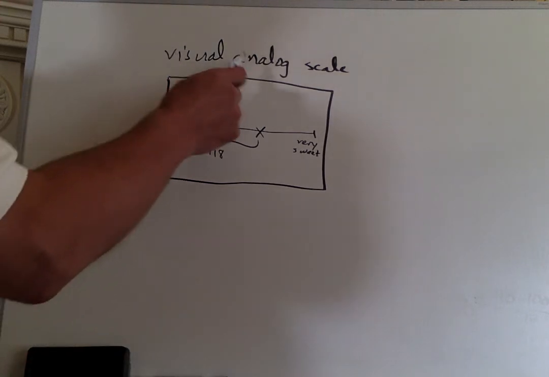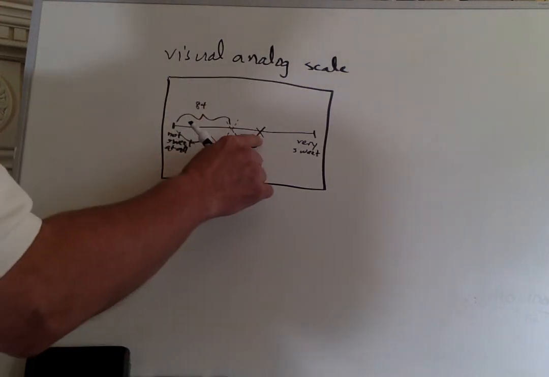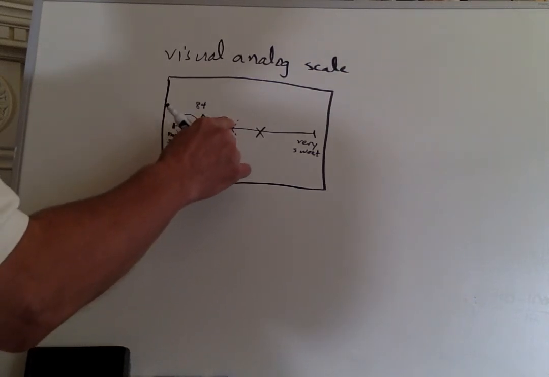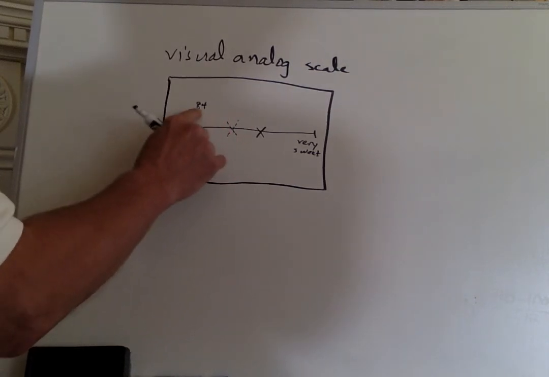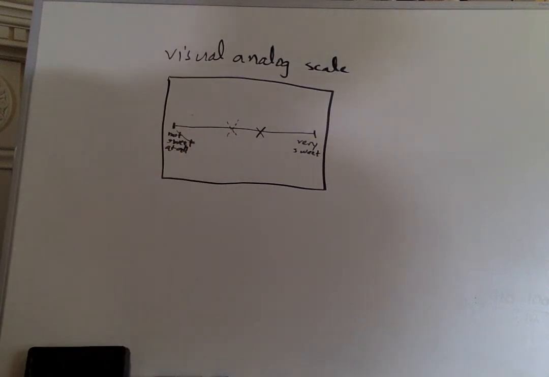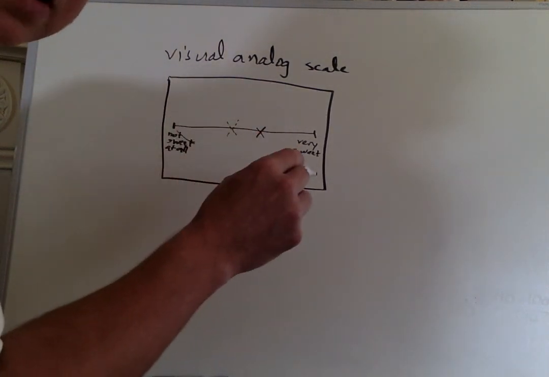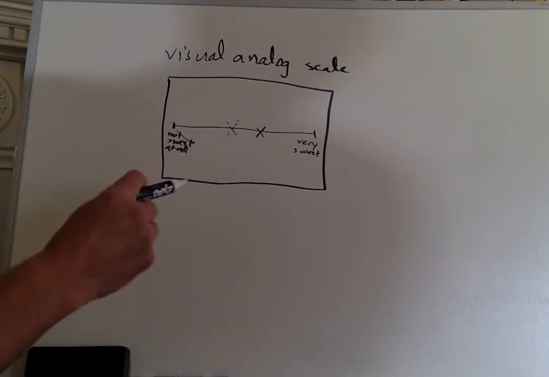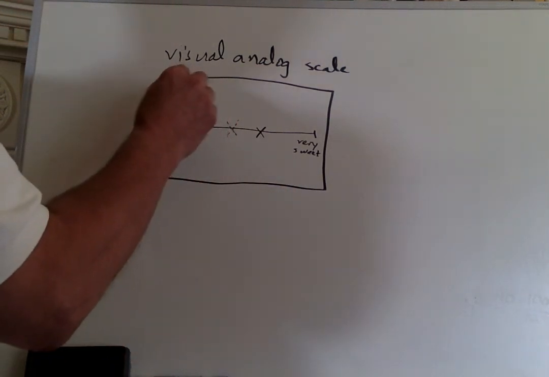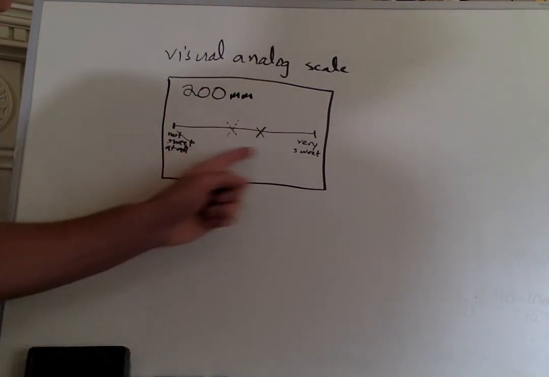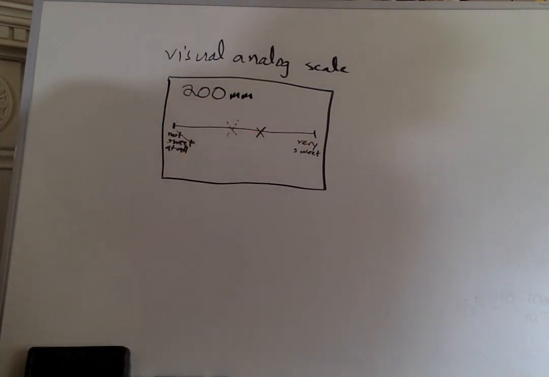Now, it's called a visual analog scale because before we do these measurements, there's no numbers there for the subject, like a Likert scale from 1 to 10. There's no numbers here, so they're going to do this in an analog fashion. And typically I can fit a line of about 200 millimeters in a landscape page.